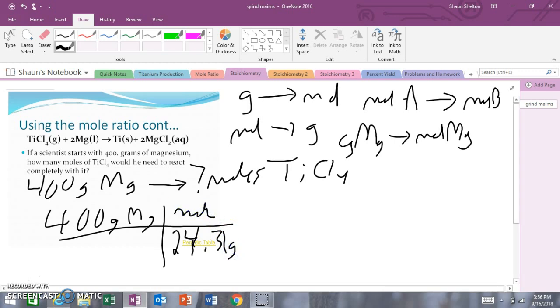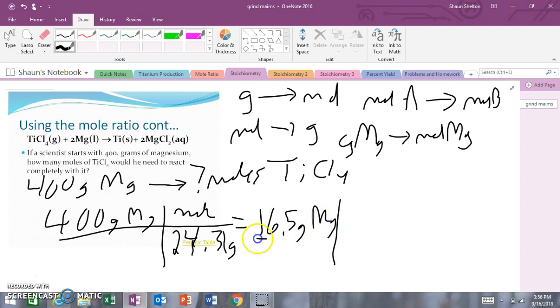And we're just going to go to the second decimal place here. Now that's the first step. So in your calculators, go ahead and type in 400 divided by 24.31. That gives me 16.5 moles of magnesium. Now we want to figure out moles.